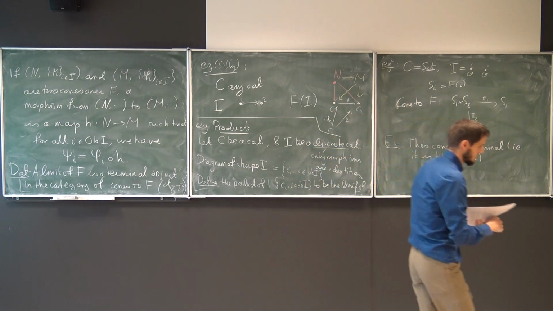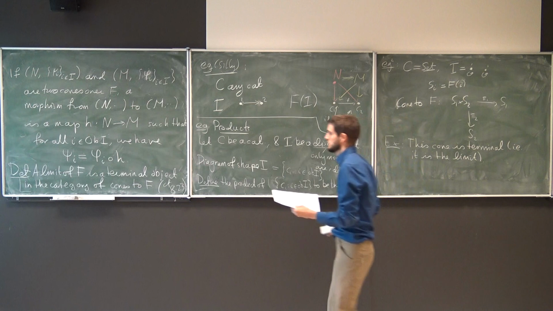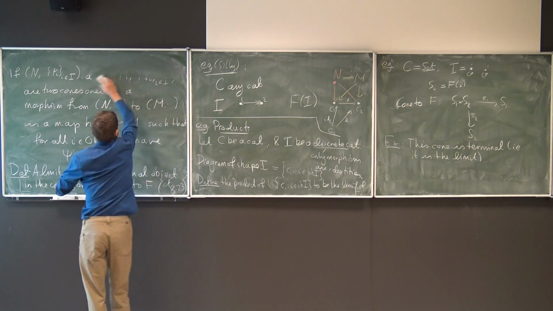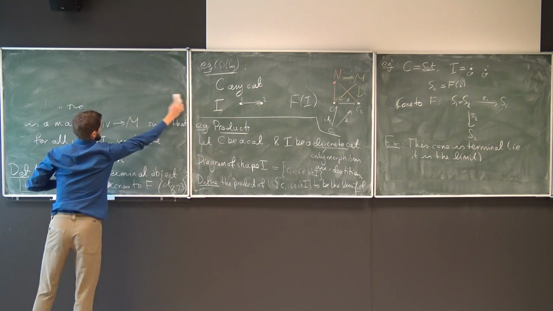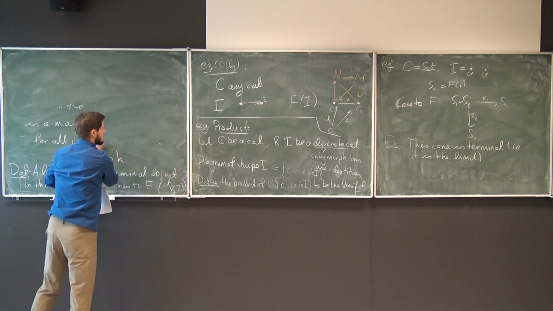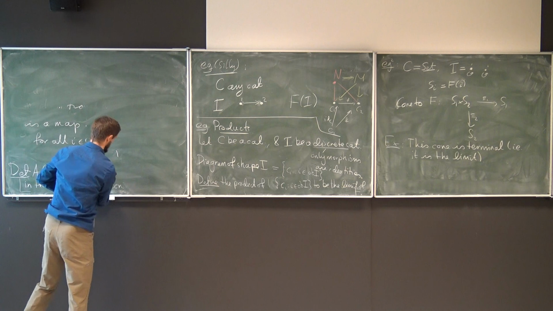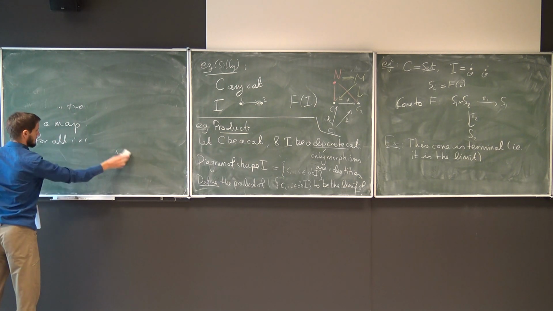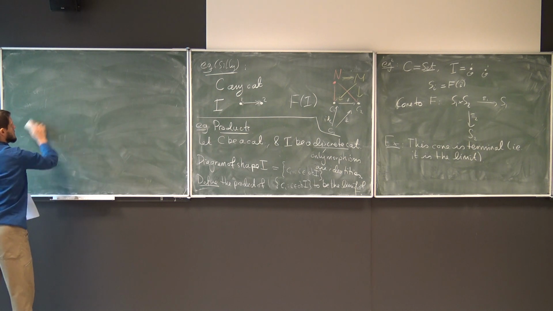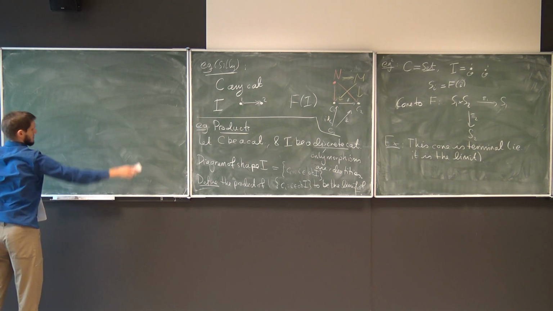So I want to conclude this section on limits by giving one more example, or class of examples, and that is equalizers and kernels. But maybe it's worth saying that if you look at your definition of a product in a category, then it's really a reformulation of exactly the same thing.